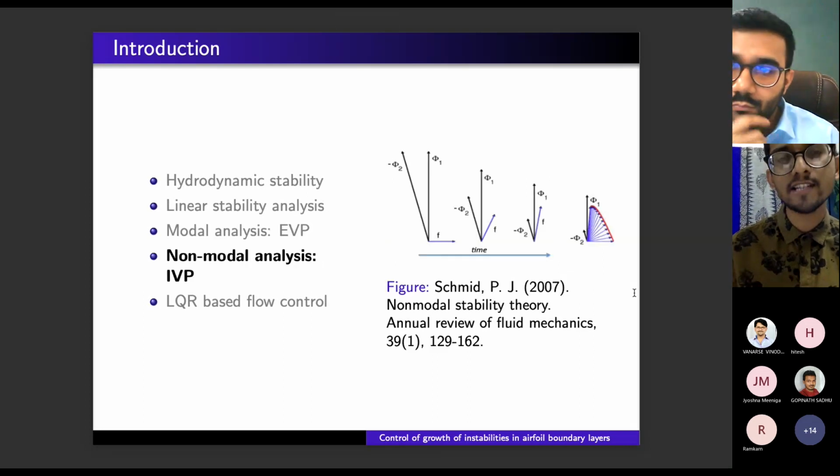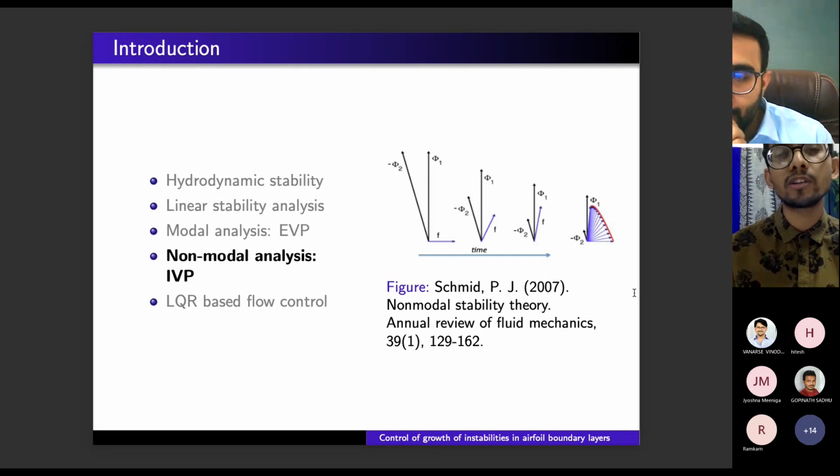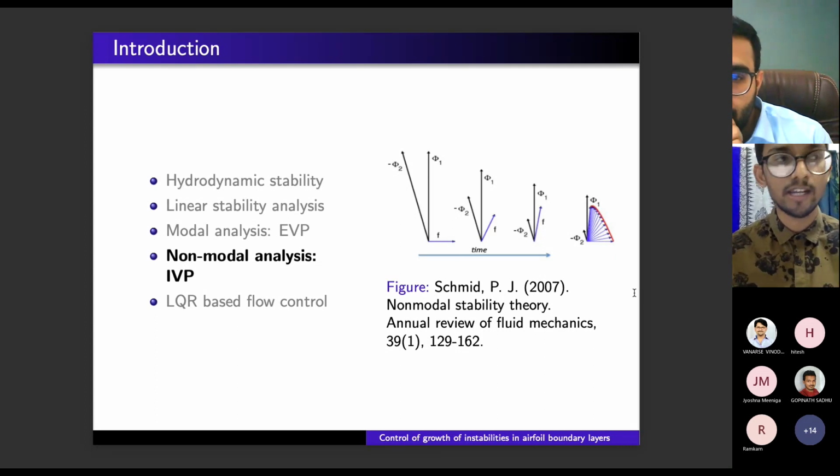In non-modal analysis, we focus on how these modes are interacting with each other. For a lot of shear flows, even though they have stable eigenvalues, it is observed that they tend to go into transition at an earlier stage than the critical value predicted by the modal analysis. As you can see in the figure, phi1 and phi2 are two vectors, which are decreasing individually with respect to time.